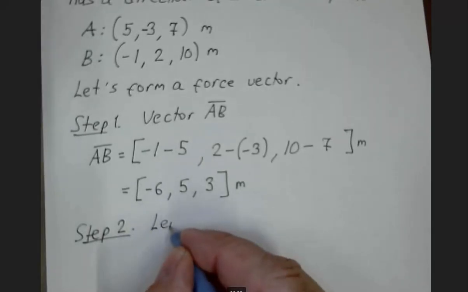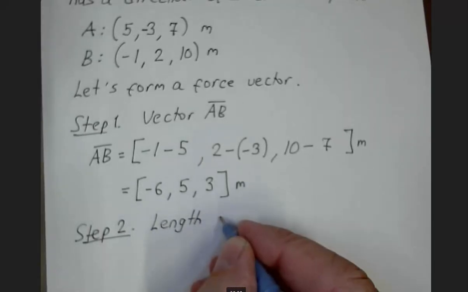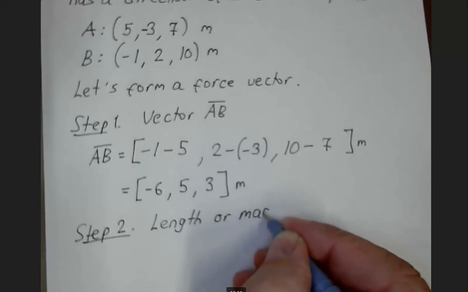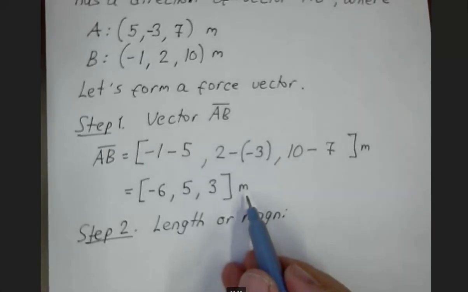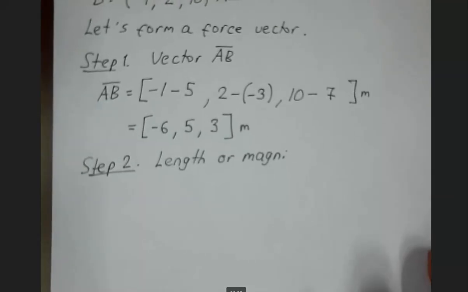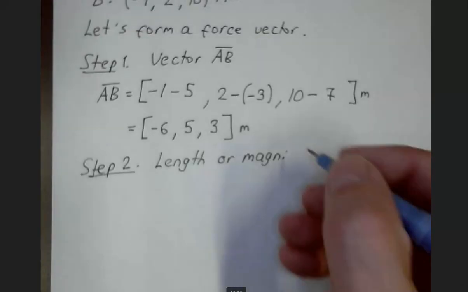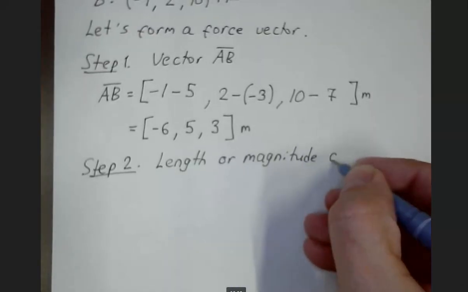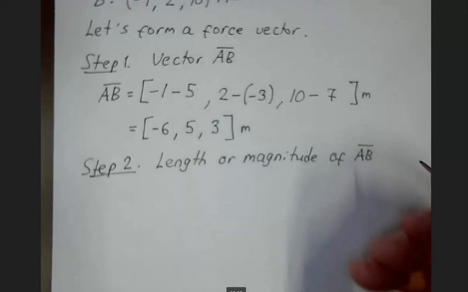The length or magnitude of this vector, because now it is actually meters, it is very easy to use the word length there, but we can also call it the magnitude of AB.